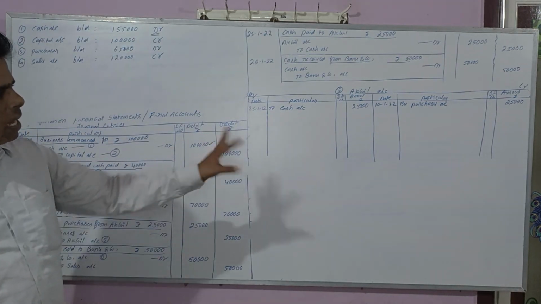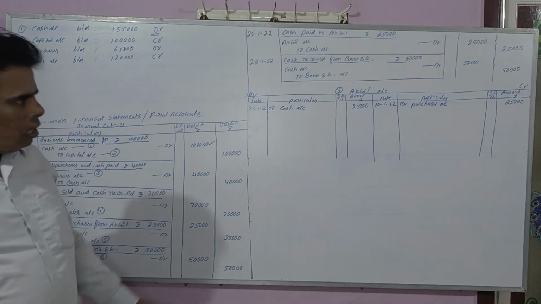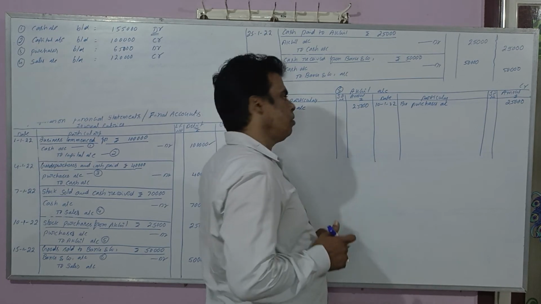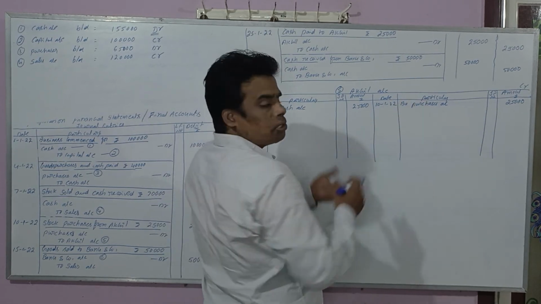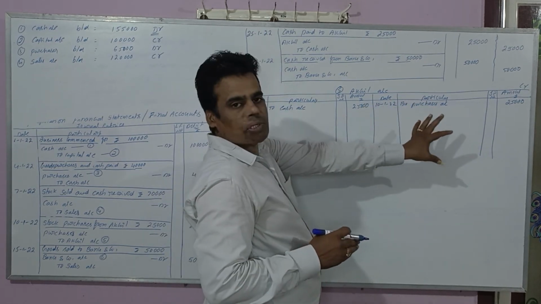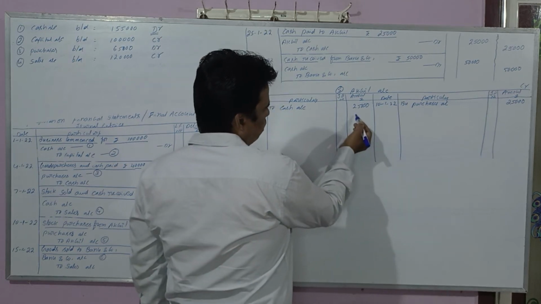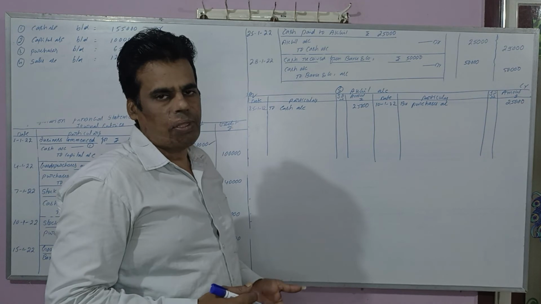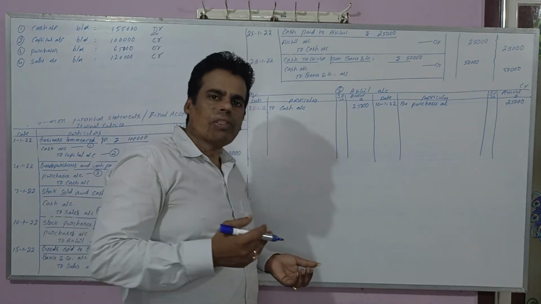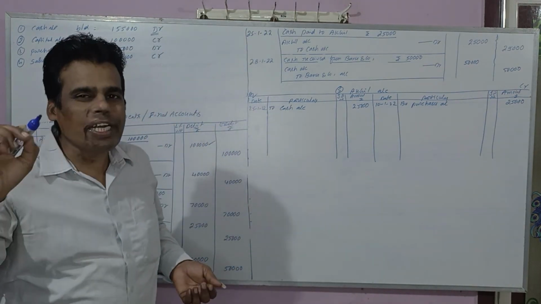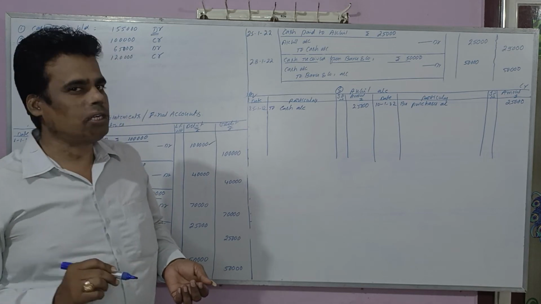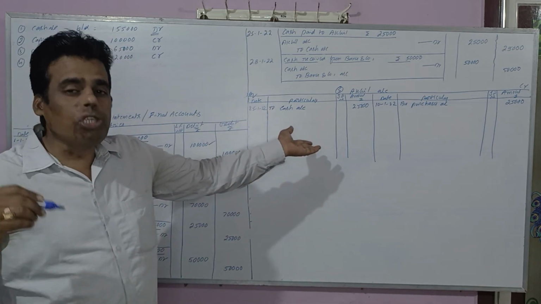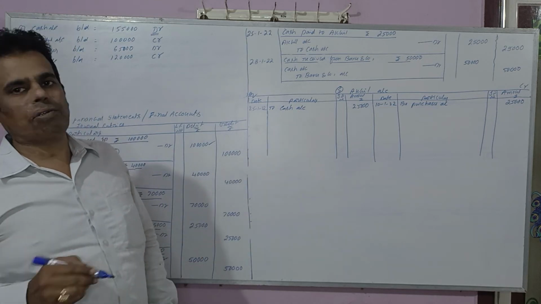After that, balance this account. At the time of balancing this account, there are equal amounts. Debit is 25,000 and credit is 25,000. There is no difference. If any difference is there, there is a need to write carried down and brought down.